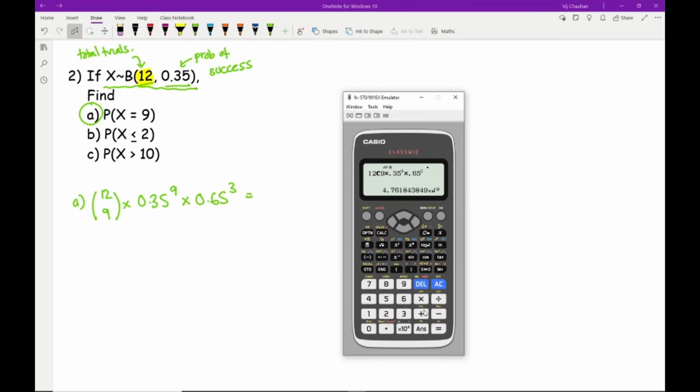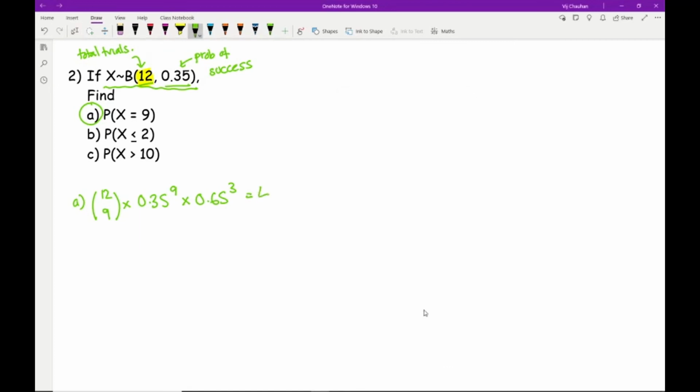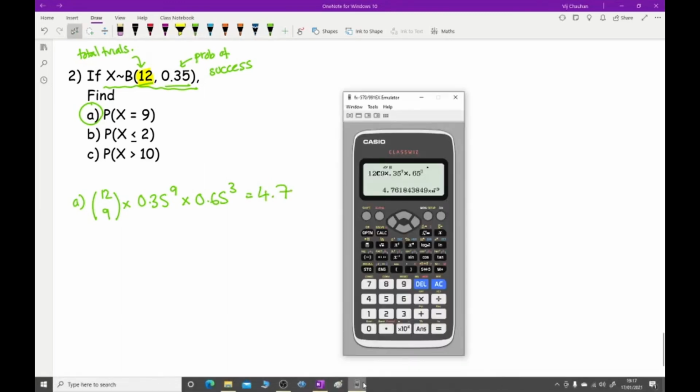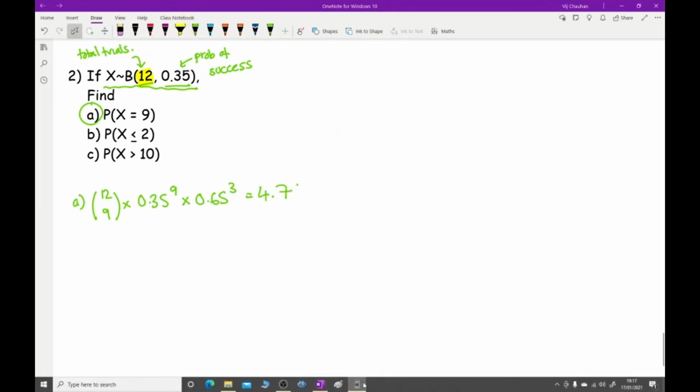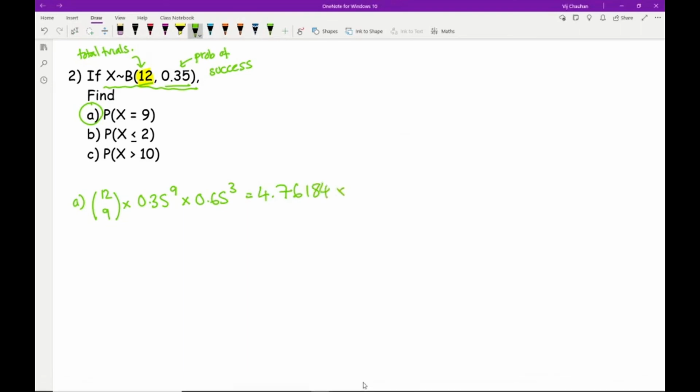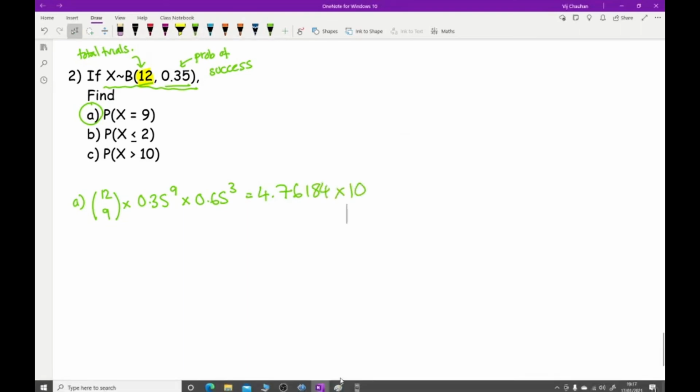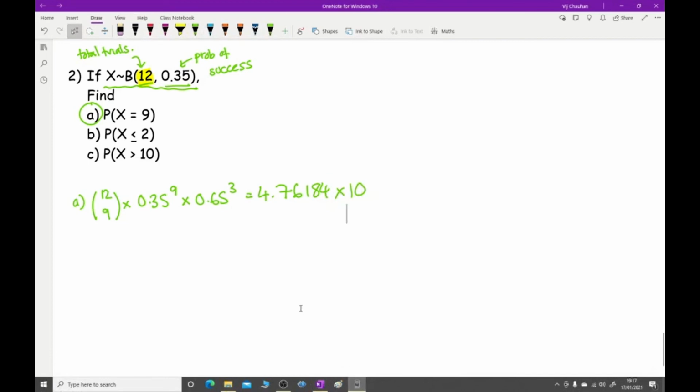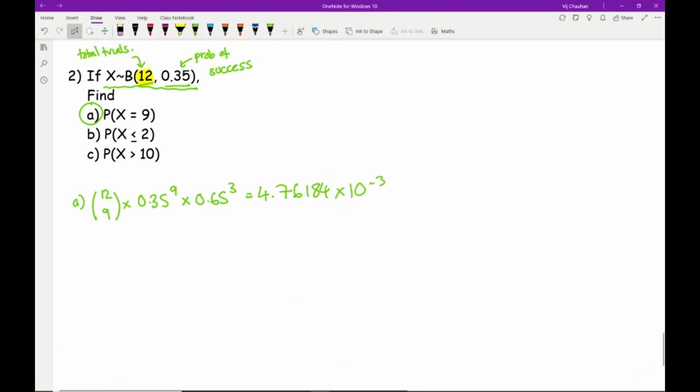I get an answer of 4.76184 times 10 to the power of minus 3. Translated, this is 0.00476 to 3 significant figures, and there is my final answer.